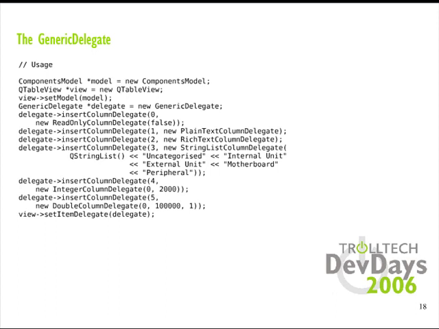If you imagine now we had another model and another view, we would create a generic delegate, and we'd set column delegates, just as we've done here, but they would be different column numbers, different column delegates to reflect the needs of that particular model. But again, we're avoiding the code duplication.